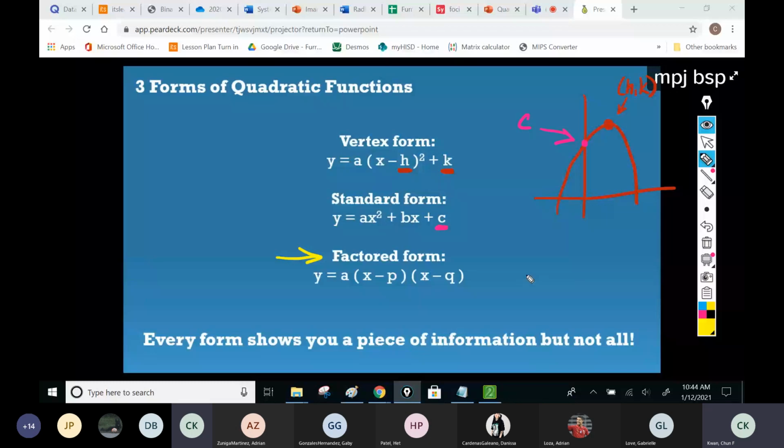Depending on your teacher, some people also call it the intercept form. Some people call it the factor form, some call it the intercept form, but it's the same thing, all right? The factor form gives you the P and the Q, the x-intercepts right here.